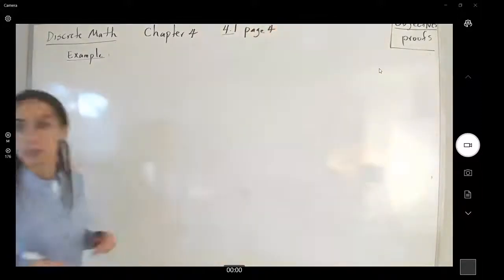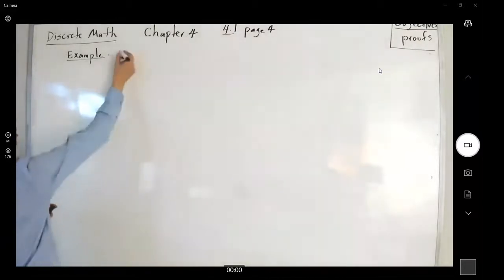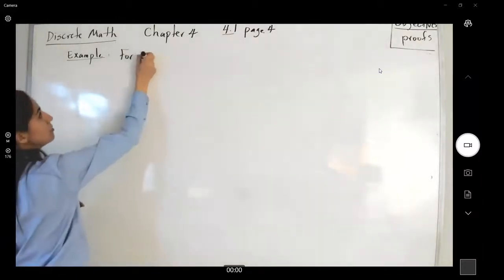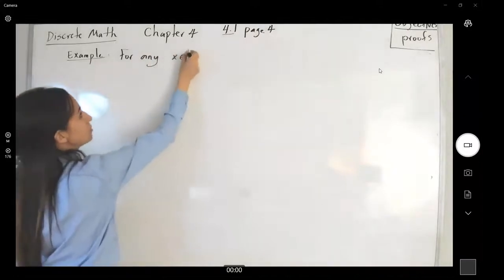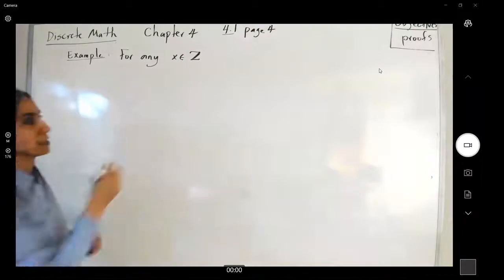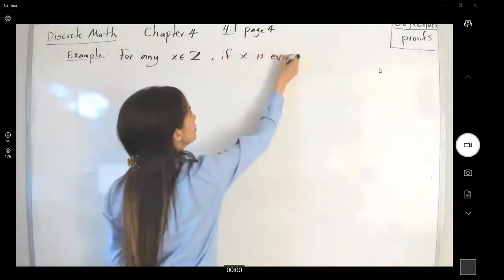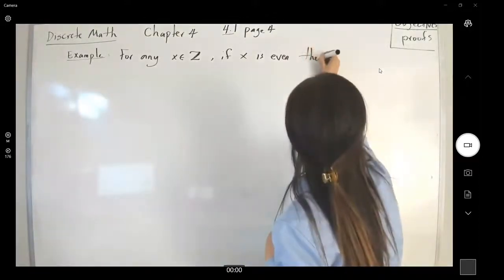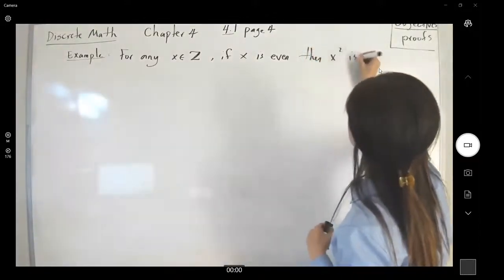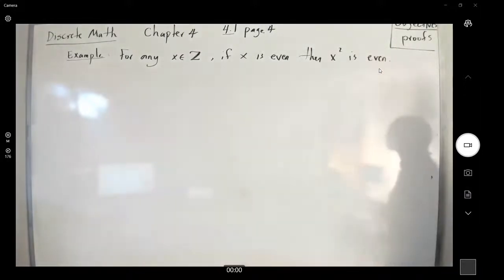In this example, the question says, for any integer x, if x is even, then x squared is even. Okay, perfect.